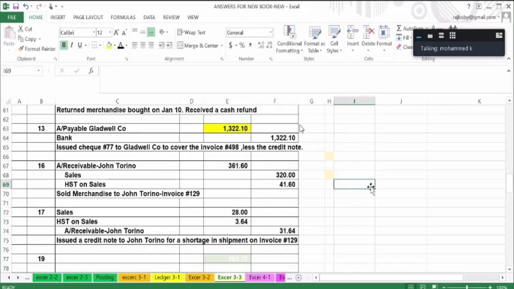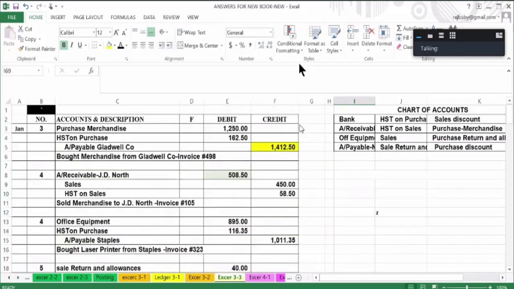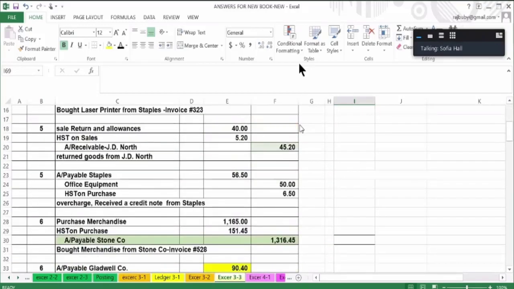January 19th. Received a check from JD North to cover the sale dated January 4th, less the credit note. So January 4th and the next one, 45.50 on the 5th.